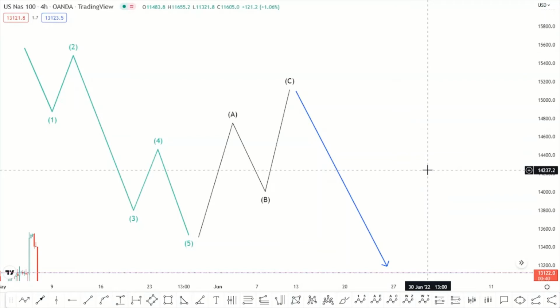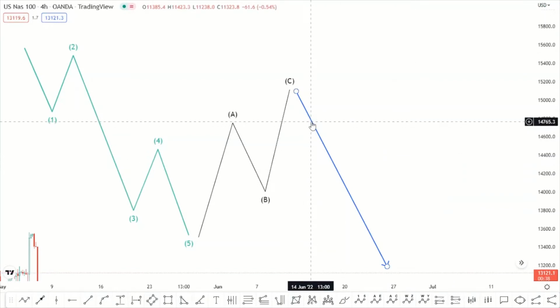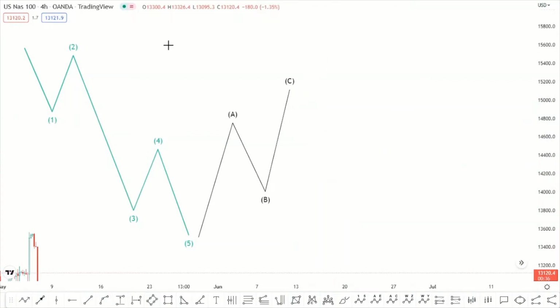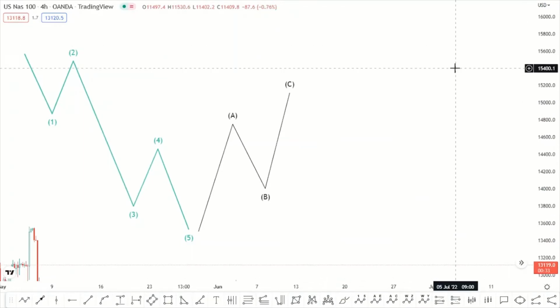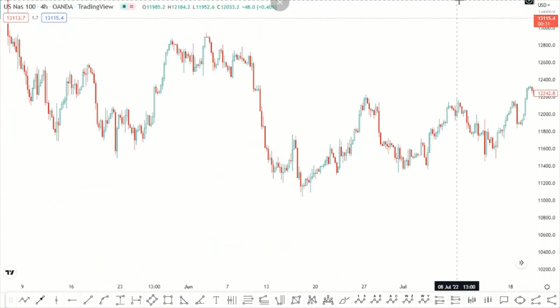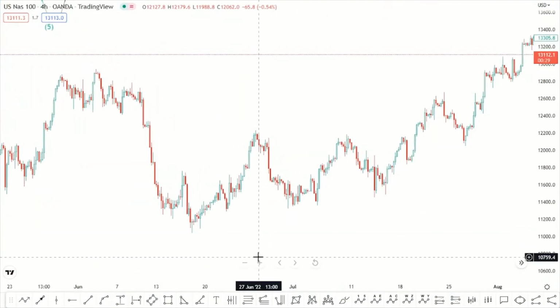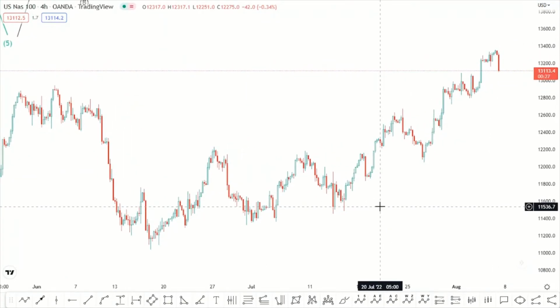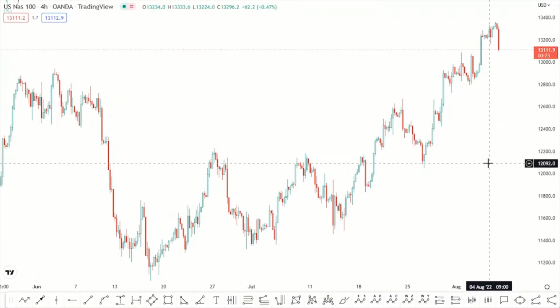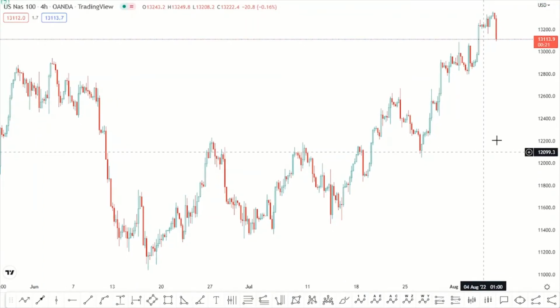So let's jump into the actual structures. We're going to take a look at Nas100. As I said, we're going to try to understand why some things try to happen and then later fail, right?